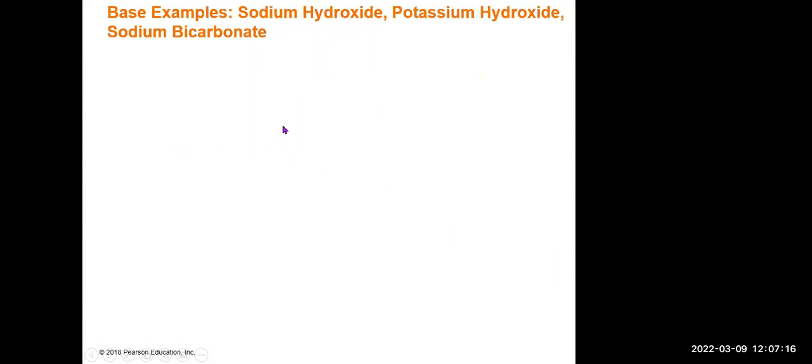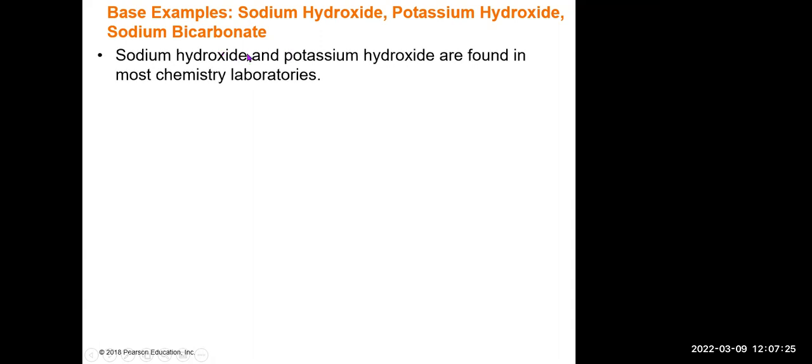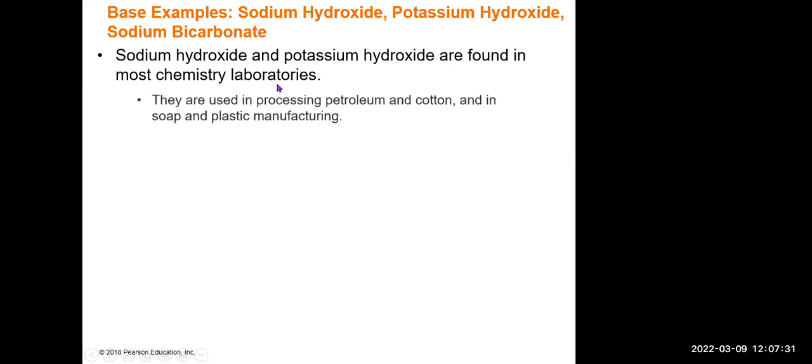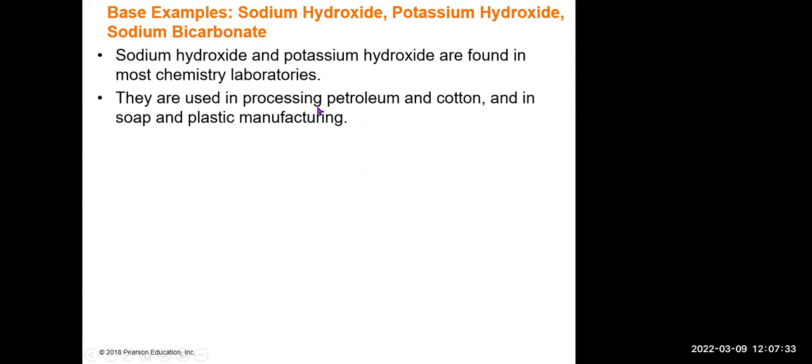Base examples: sodium hydroxide, potassium hydroxide, and sodium bicarbonate. Sodium hydroxide and potassium hydroxide are found in most chemistry laboratories. They are used in processing petroleum and cotton and in soap and plastic manufacturing.